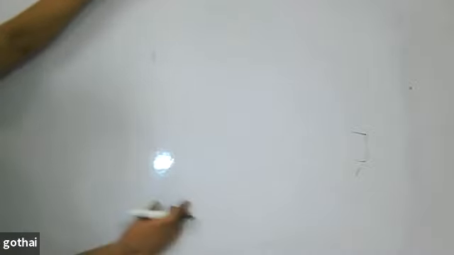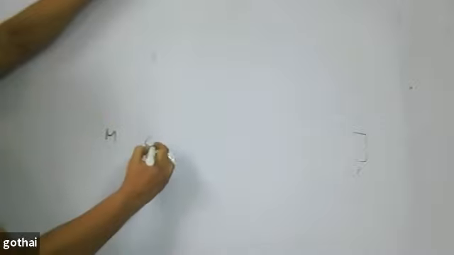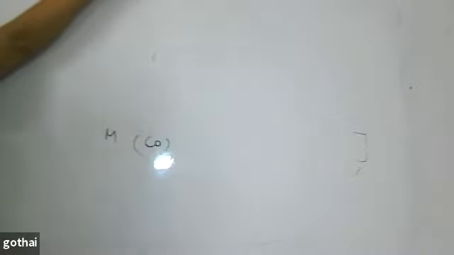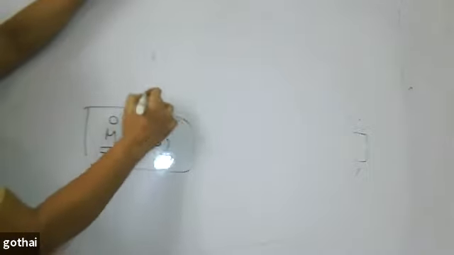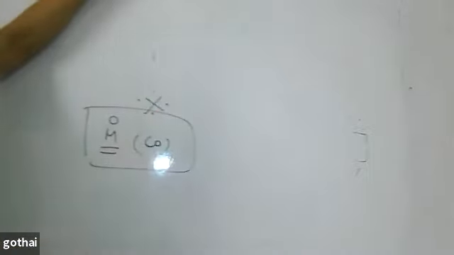Next is, when the metal is bonded to carbon monoxide, then the oxidation state of the metal will be 0. That you should keep in mind. Whatever the metal may be, when it is bonded to carbon monoxide, the oxidation state of the metal will be 0.